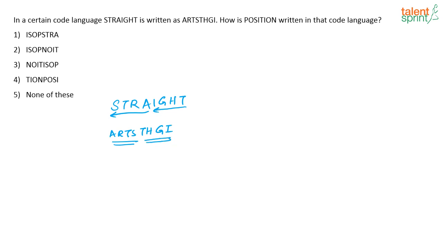That's how you have got the code. Similarly for position, write the first four letters in reverse, ISOP, and the last four in reverse, NOIT. So your answer should be ISOP NOIT. The correct answer is option 2.